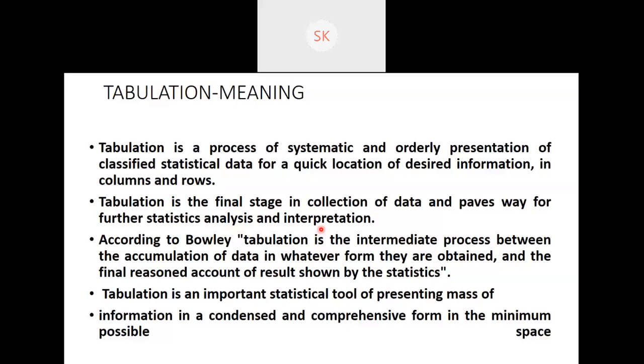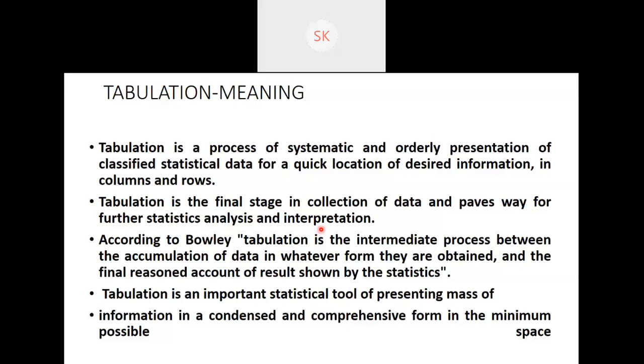Now let's take our own problems as an example. Now we have a question. Once we see the question, in the solution we give a heading, calculation of, let's say we are calculating median, calculation of median. Then below that we write down the x values, either it is a discrete series or continuous series.